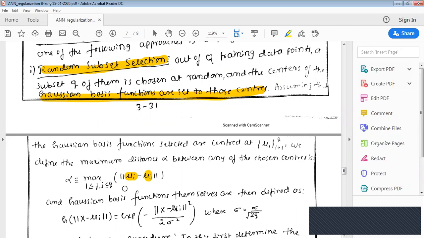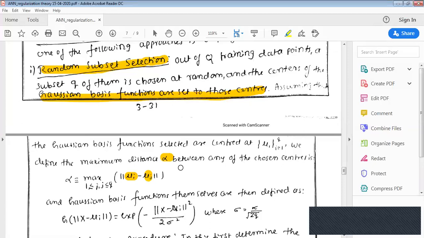From each cluster, let us say there are 10 samples. The difference between each sample and the point which is chosen as the center is calculated. Once you calculate these, the maximum of those distances is found, and that distance is nothing but alpha.